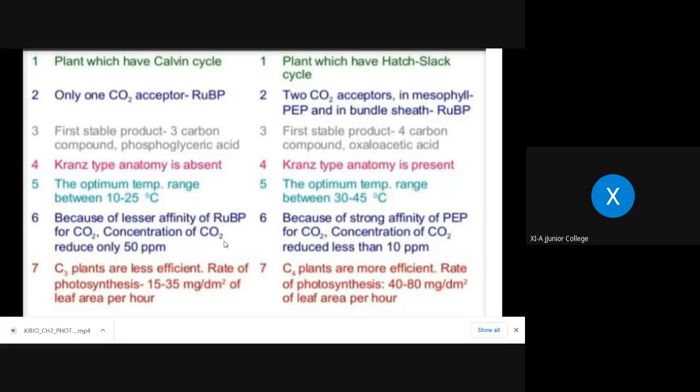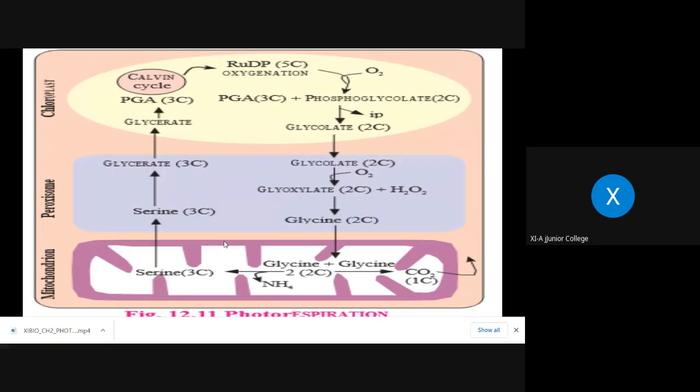Now, I was explaining to you yesterday, before I explained C4 plants, I told you what photorespiration is. In the presence of light, plants also respire, utilizing oxygen and releasing CO2, isn't it? This is the chain of reaction.